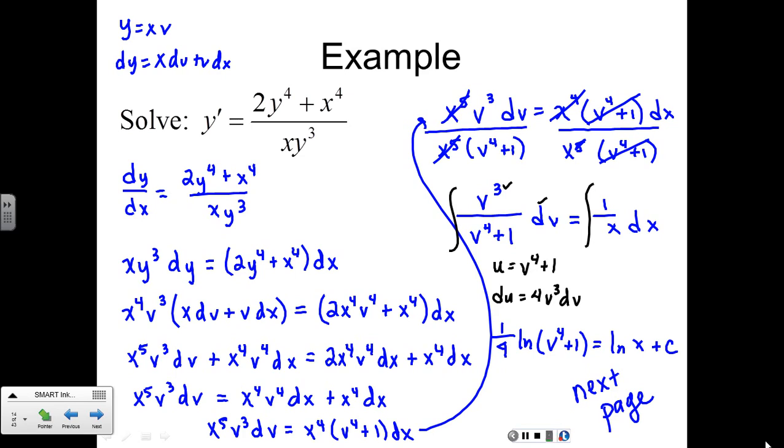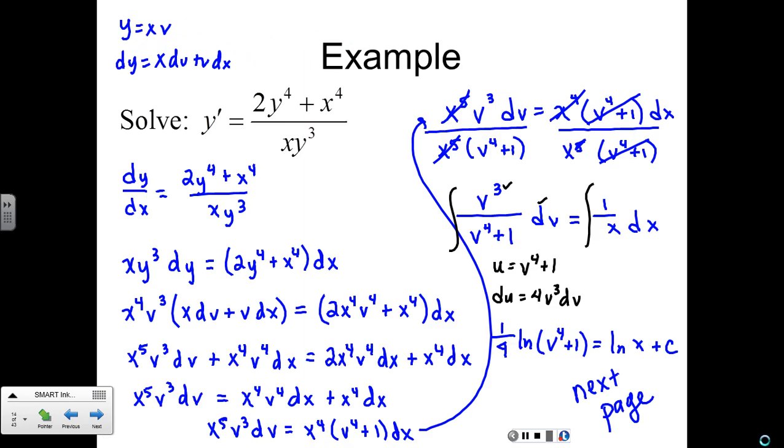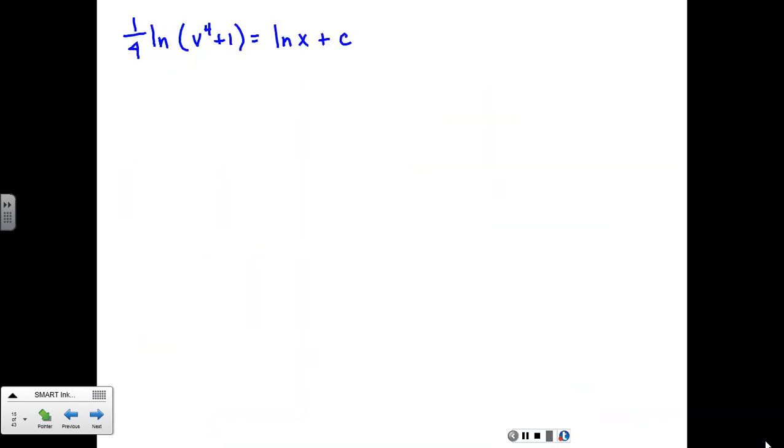Okay, we got to learn something here. What can I do? Multiply both sides by 4. You could do that.